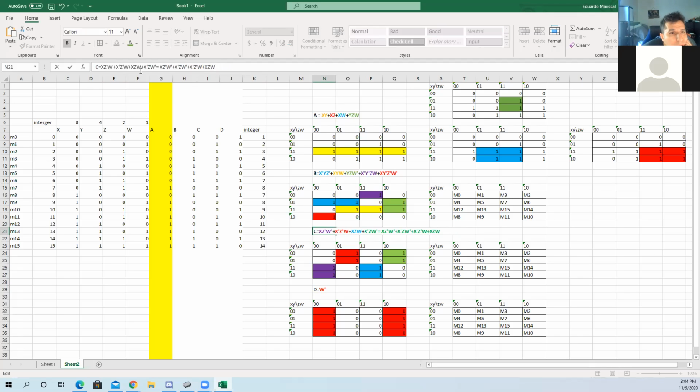Let me see, is everything correct? Okay, good. So now we can group these guys together. And we can group these guys together.